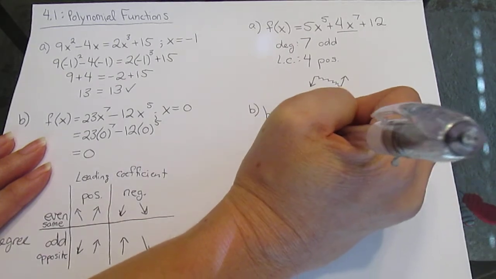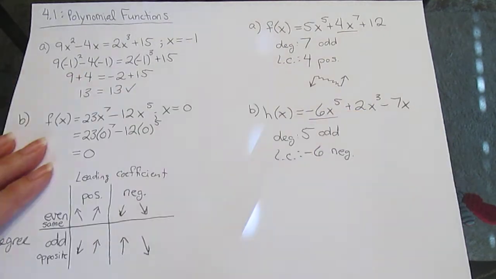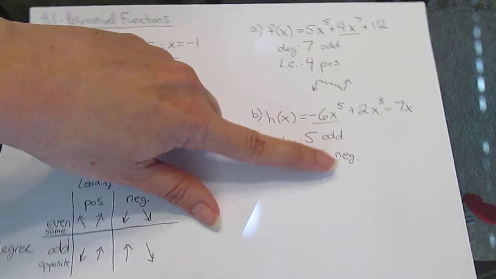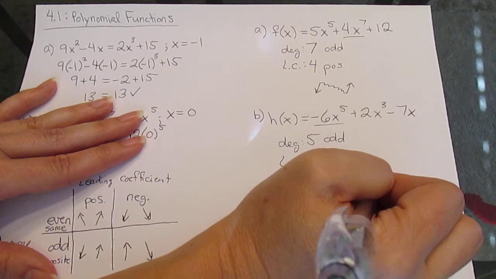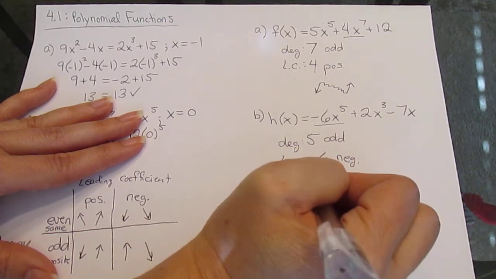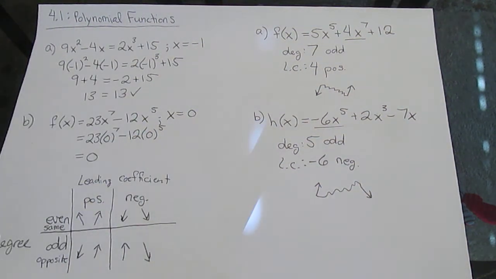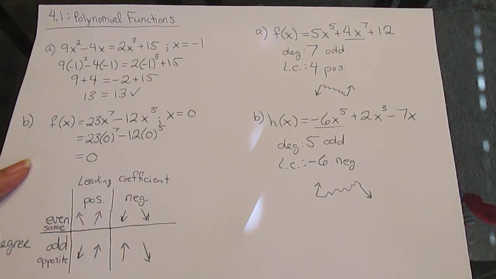So I've got an odd degree and a negative leading coefficient. So again, that tells us that they're going to be opposite, and the right side is going to go down. So see, I don't even look at that chart that I gave you because I've told myself how to memorize it. Feel free to look at the chart until you're comfortable, but find a way to memorize it so you don't even have to look at the chart.